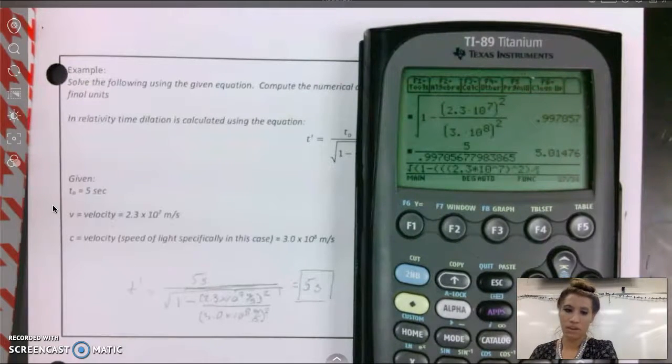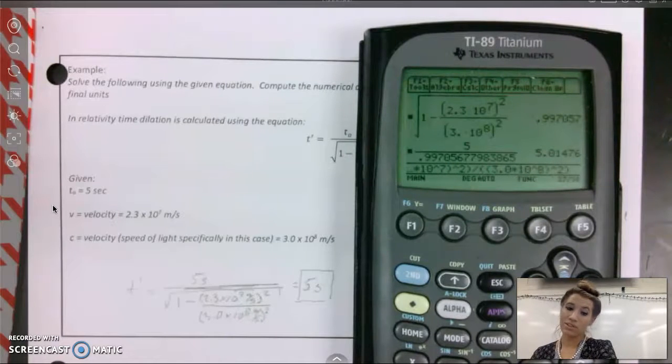Now I'm going to divide by the bottom of the fraction, and I want my squared value again. Okay, so we're going to have 3.0 times 10 to the 8th. There's my scientific notation. There's my squared.